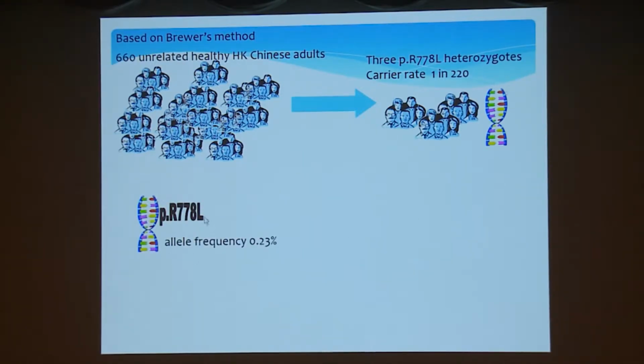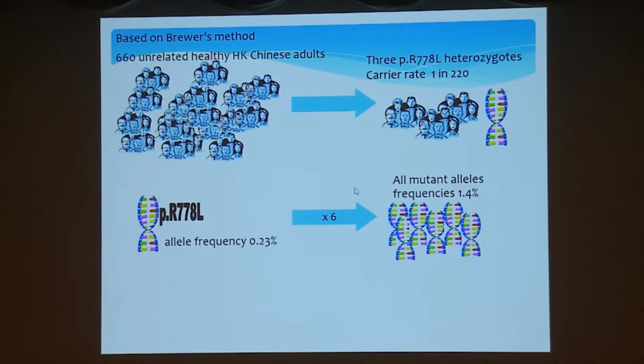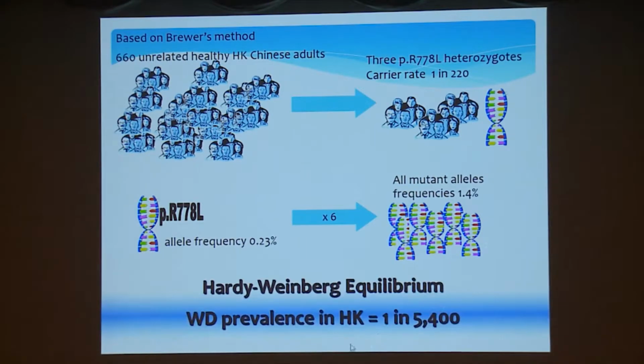And because this is the most common allele in our population, accounting for about 1/6 of it, we estimate that the total mutant allele frequency for this ATP7B gene will be 1.4% in the general population. And using Hardy-Weinberg equilibrium, we calculate the prevalence of Wilson disease in Hong Kong should be around 1 in 5,400.